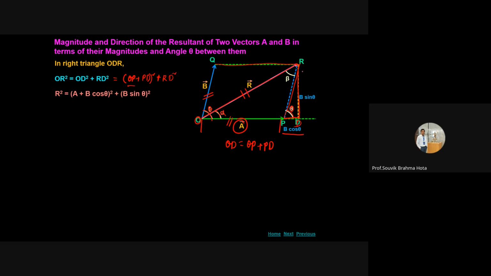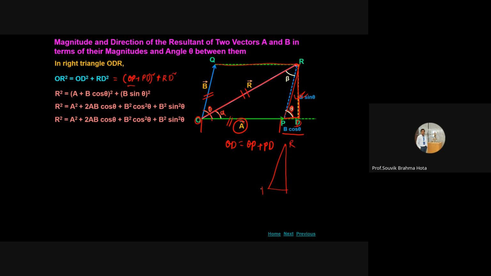For that, I am first considering triangle RPD. In the triangle RPD, if this is R, this is P, and this is D, this is theta. Now you see cos theta.